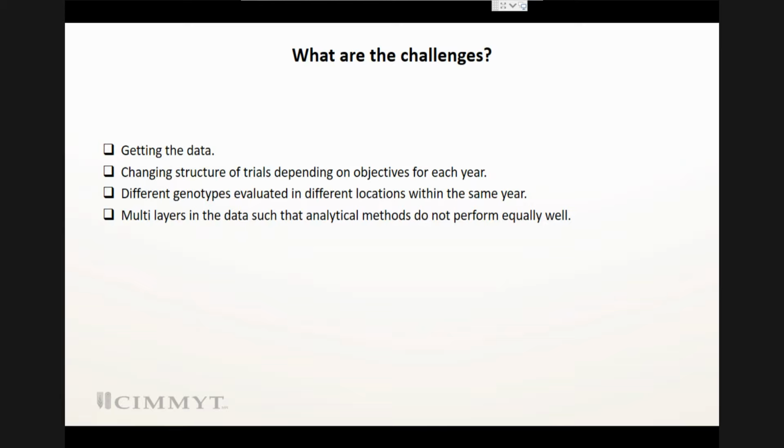Structure of trials, these change as we move from one year to the next, and as we look at different projects in Africa, objectives change. Different genotypes evaluated in different locations within the same year. Some of us are used to, for example, having very balanced design, the same genotypes across locations.